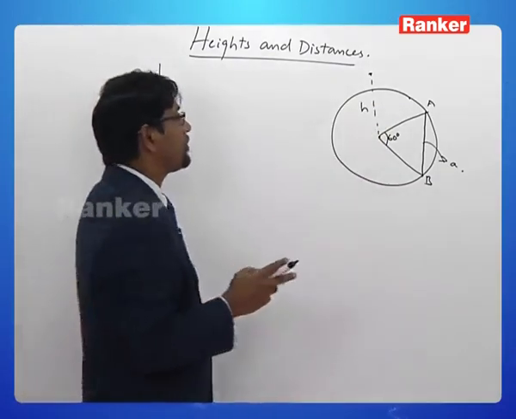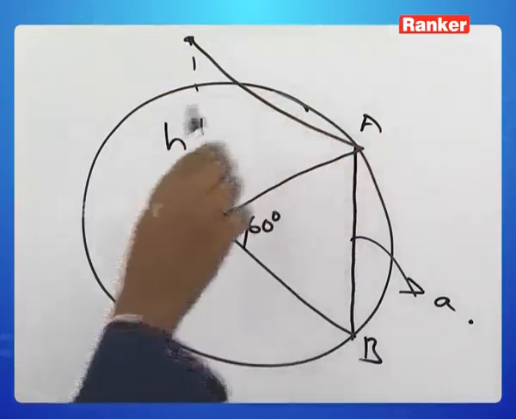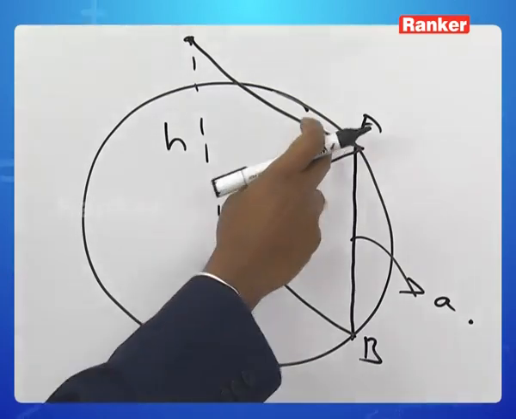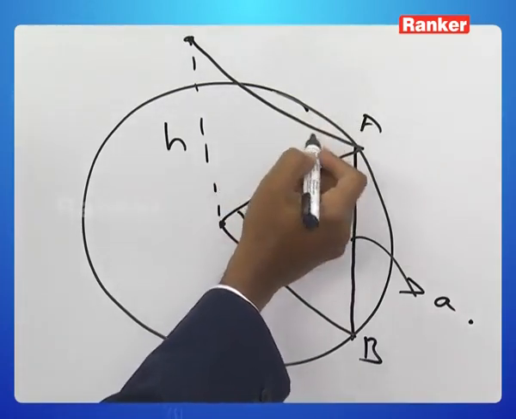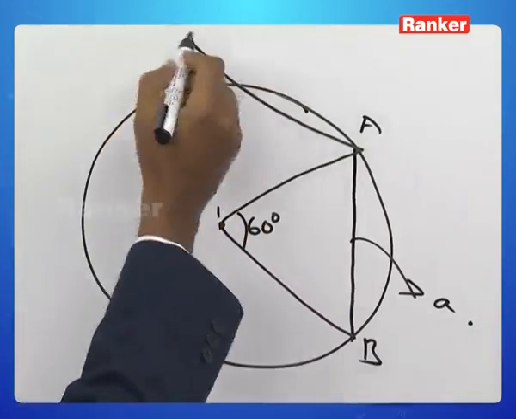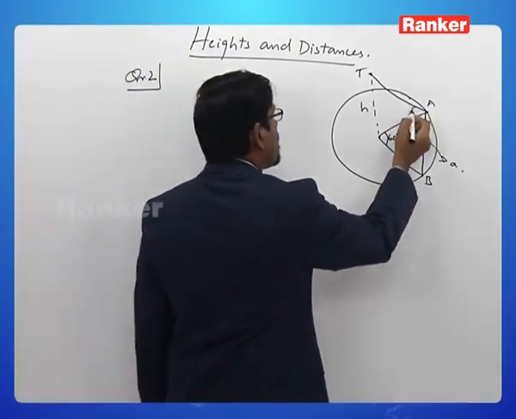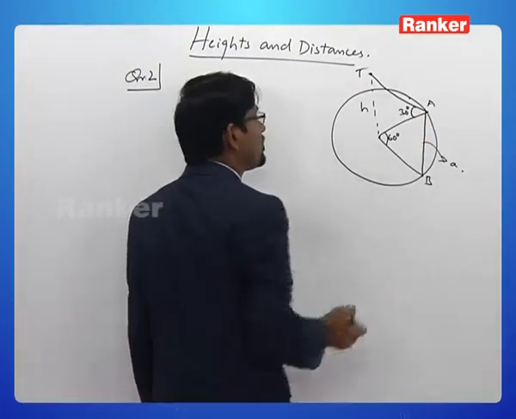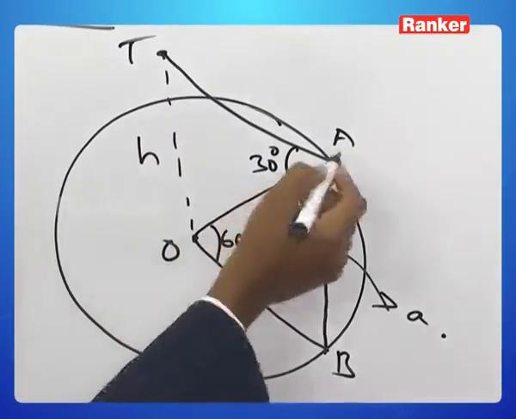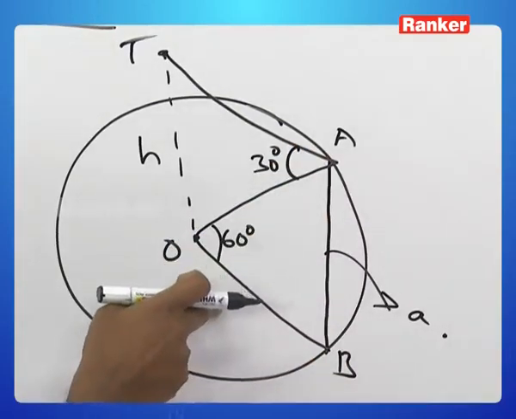Observe that he says the angle of elevation from A to the top of the tower, let's call this T, top of the tower, is 30 degrees. Now OA is equal to OB, and this is an isosceles triangle.